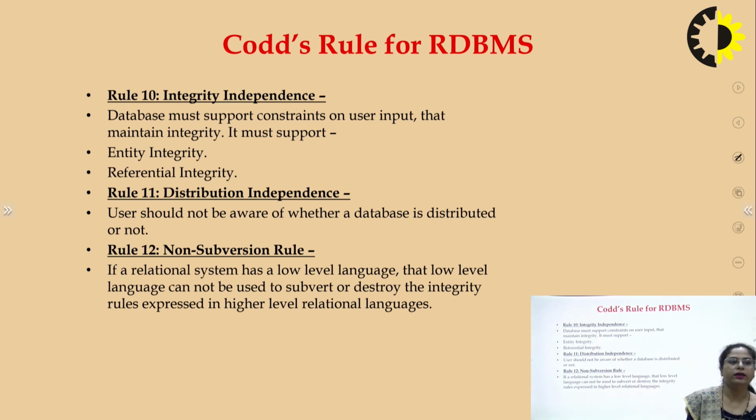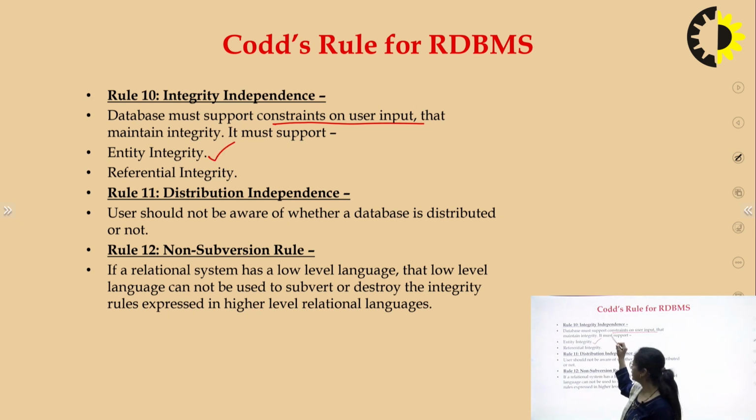For that, the database must support constraints on user input. There are various types of constraints we use for maintaining the integrity of the database: entity integrity, referential integrity, domain integrity, and key integrity.